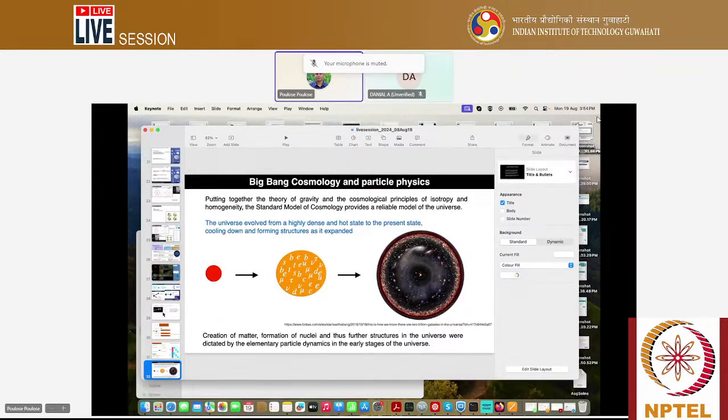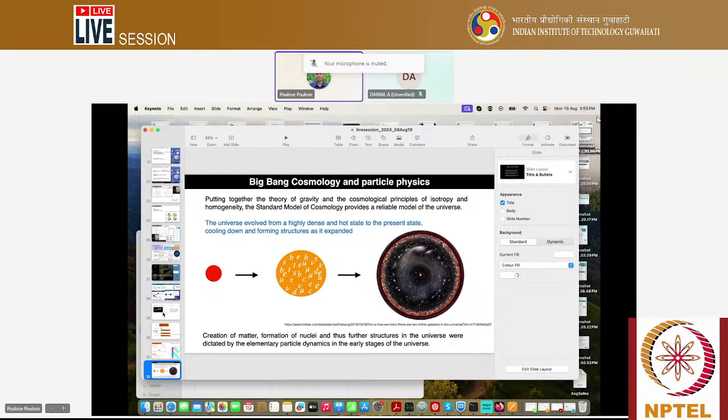The idea of present day cosmology is that all matter, all the structure that we see in the universe, evolved from early stages of the universe where there were no such structures but only a mixture of elementary particles, and everything evolved from that.